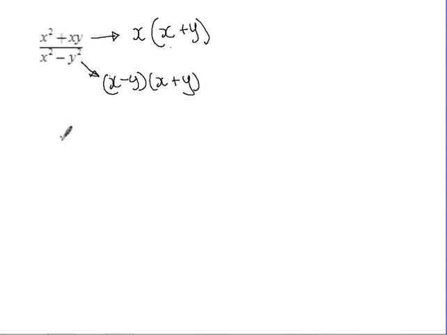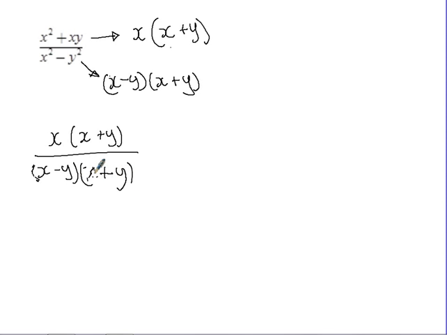Now we write a fraction with the expressions factorized. In the numerator we have x times x plus y, and in the denominator we have x minus y times x plus y. Good. So now clearly the common factor is x plus y, so we cancel them.